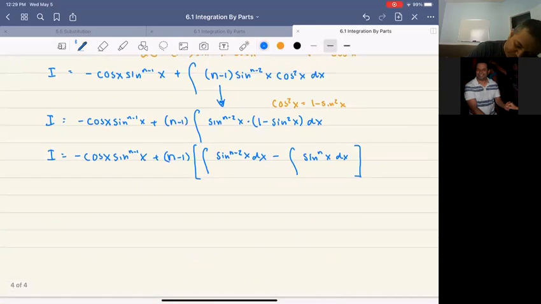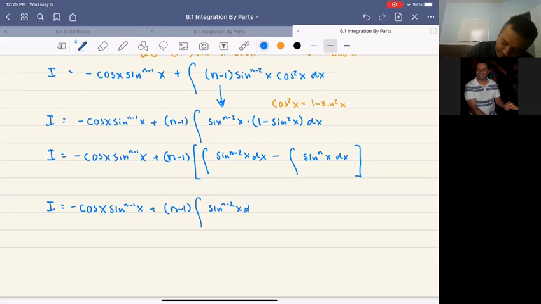So we have I equals negative cosine x sine n minus 1 of x plus n minus 1 times the integral of sine of x to the n minus 2, minus n minus 1 times I. Now we're going to add this to the other side. 1 plus n minus 1 times I is going to be n times I.